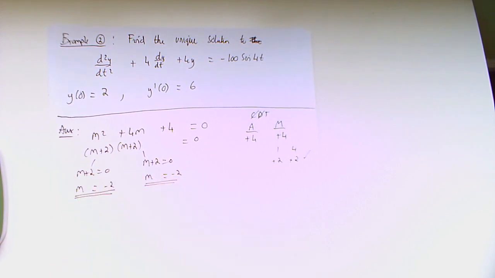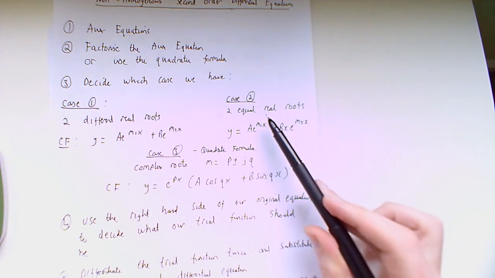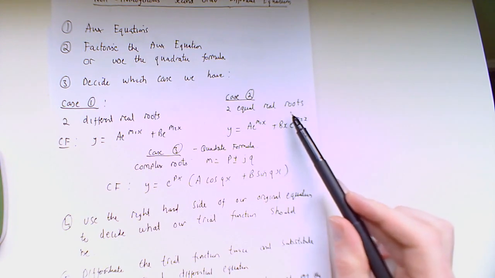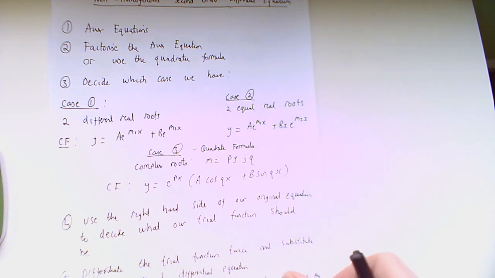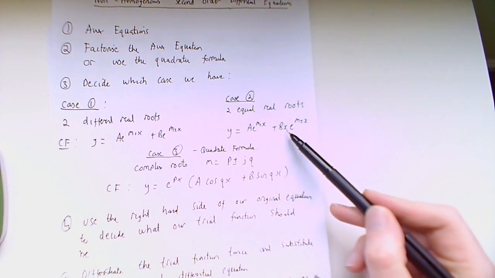So this is the point where we have to make a key decision like we did in the last question. So you go back to the process that I gave you, the 10 steps, and if you look at our cases again, well, this time the roots aren't exactly the same. Okay, so that means we're going to be using this form here, which is exactly the same apart from getting x in here.